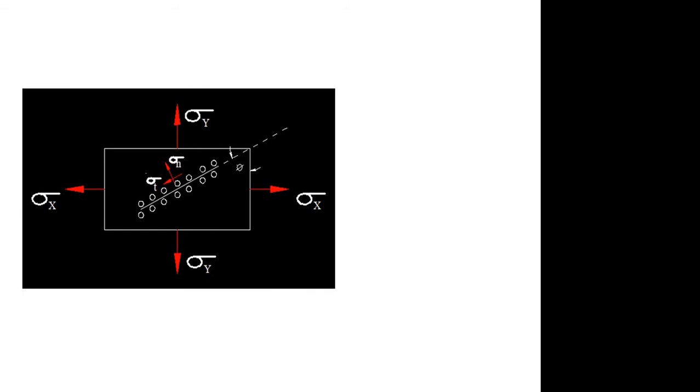Whereas sigma t is a shear stress. The grains just above the plane will move towards the left, whereas the grains just below the plane will move towards the top.